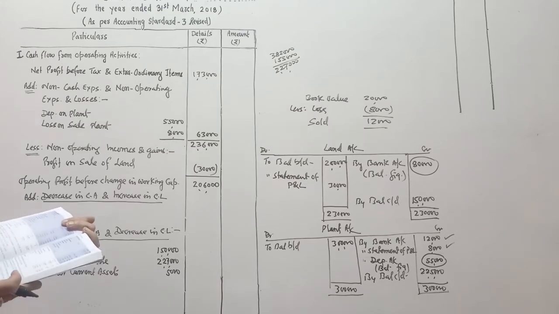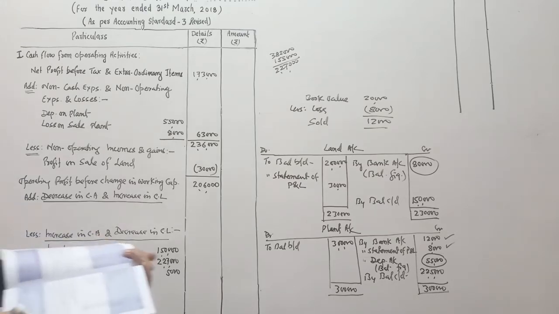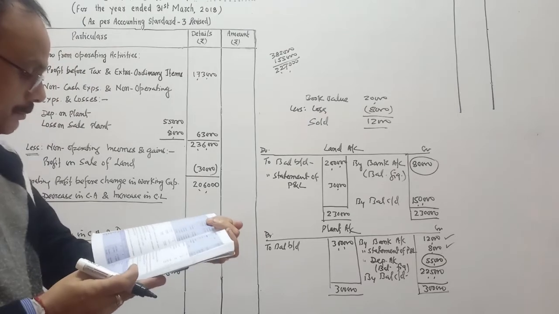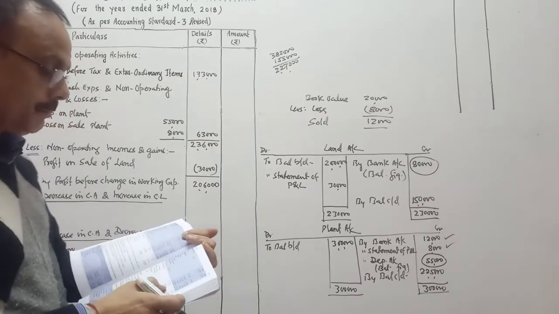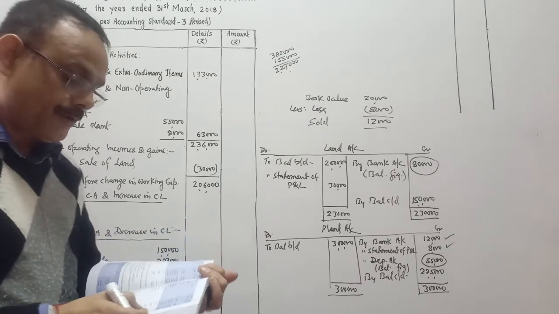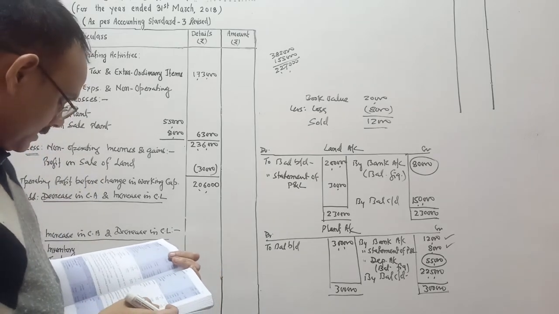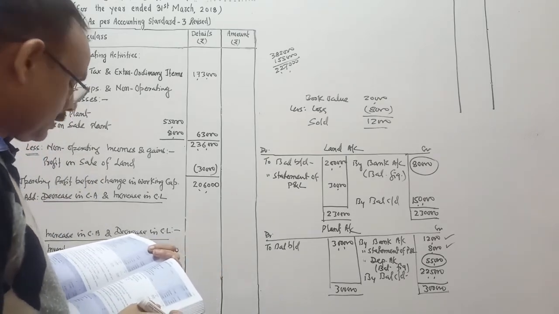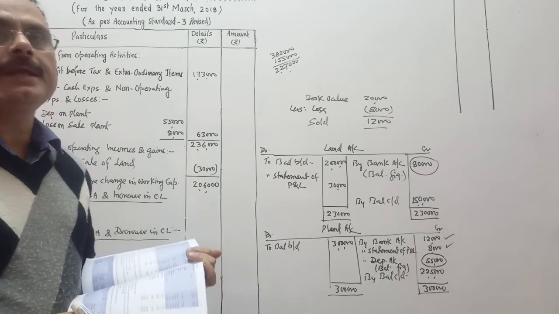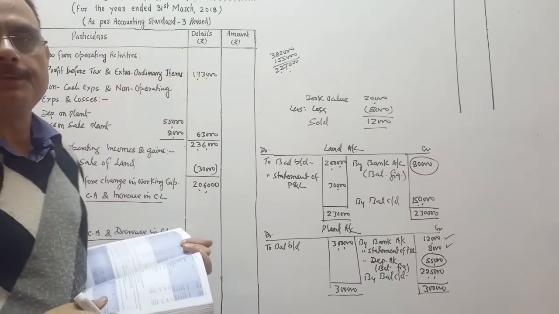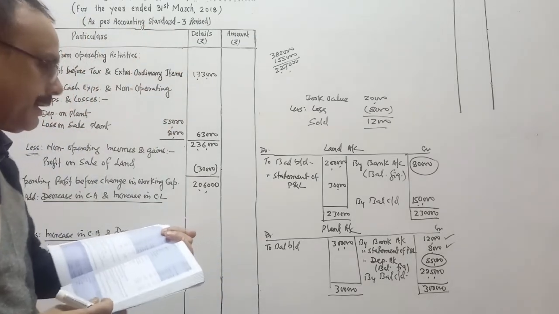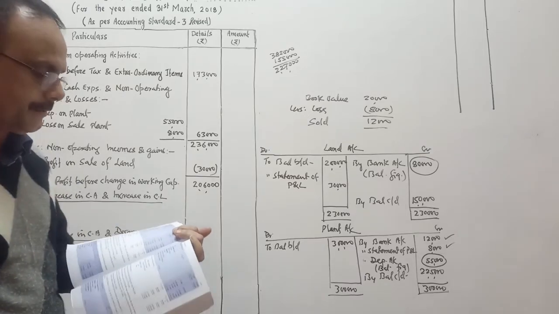Now coming to the current liability, number 1, short-term borrowings in note number 1 given. Short-term borrowings, it is a bank overdraft. This will not come. Bank overdraft will be in the financing activity. We will reflect in the financing activities, bank overdraft and cash credit.